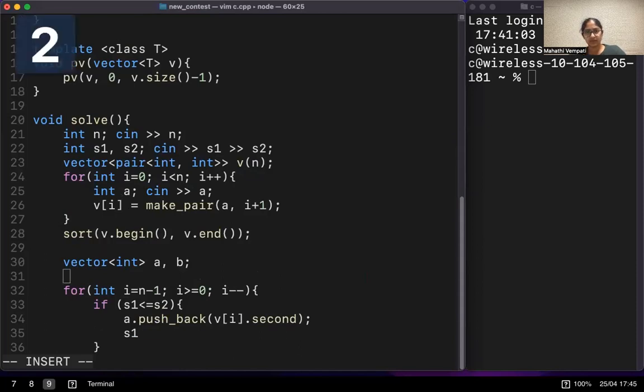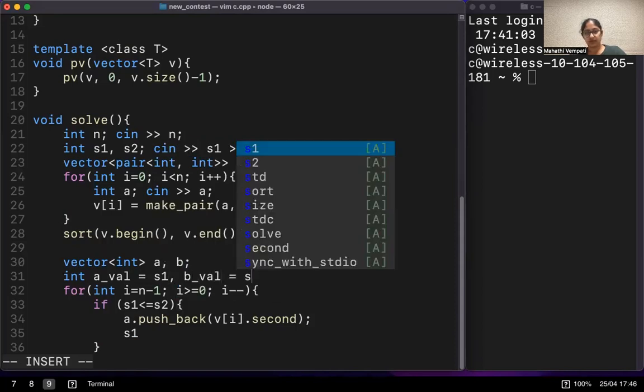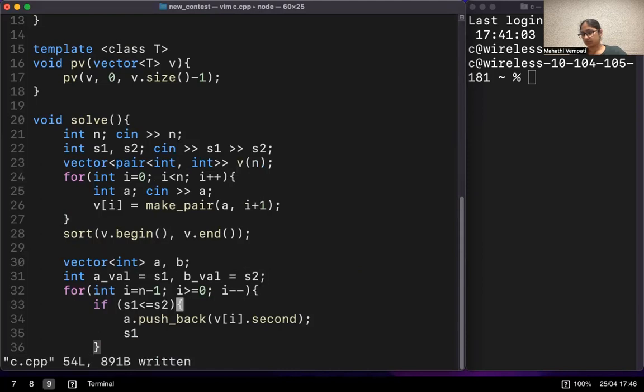I hope I'm sharing the, yeah. I was about to like shoot myself in the foot. Okay. Let me just say int eval equals s1 eval equals s2 eval less than or equal to eval.